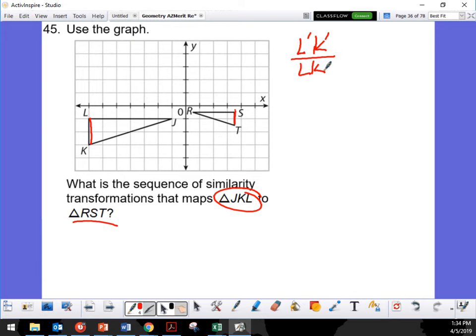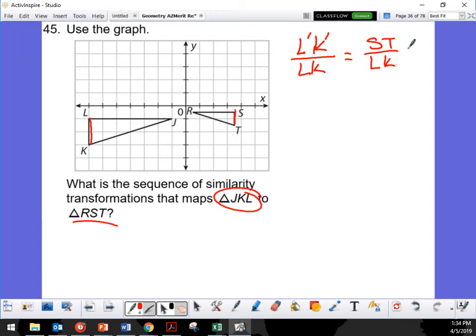So it's the image divided by the pre-image. But in this case, we changed the letters though, right? So LK goes with ST, right? So my image here is not L prime K prime. What is it? ST over LK, because it's the image over the pre-image.